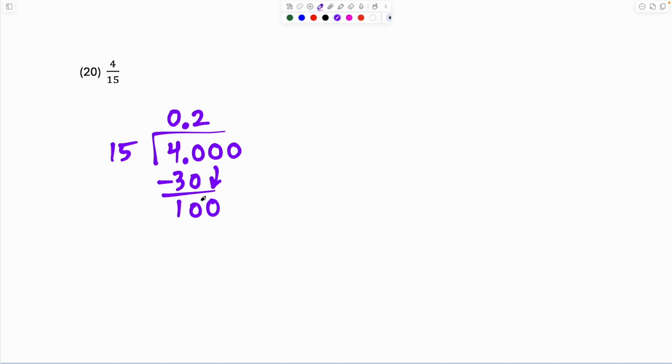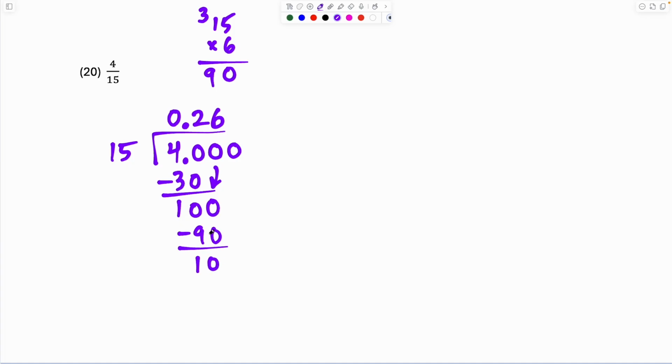So now I have to do 100 divided by 15, and the closest we could get is times 6. Now, as a side note, 15 times 6, if I work this out, I have 6 times 5 is 30, so a 0, carry the 3, and then 6 times 1 is 6, plus 3 is 9, giving us 90. So when I do 6 times 15, I get 90, giving us 10 extra.